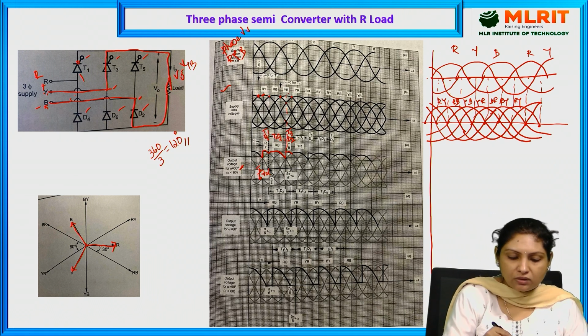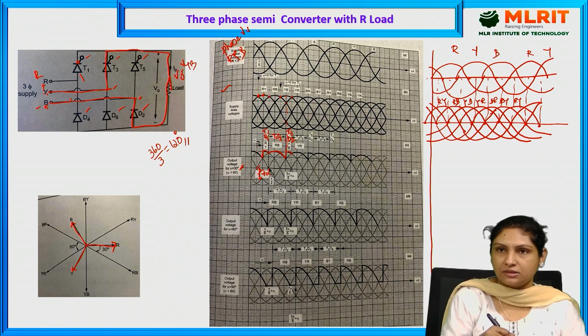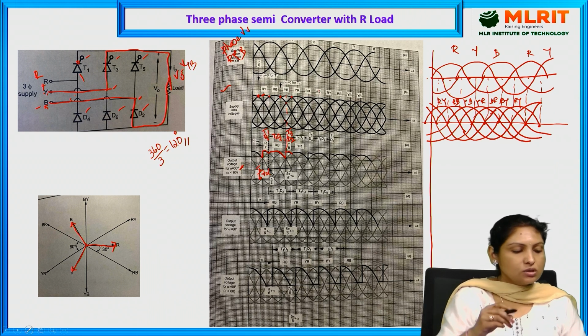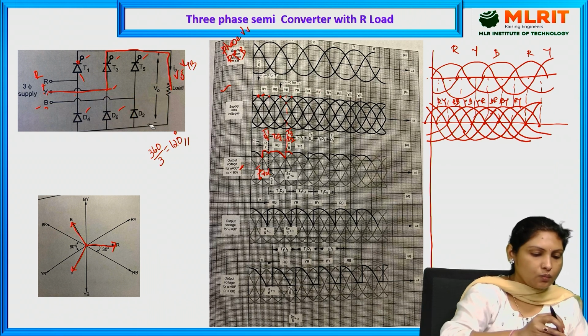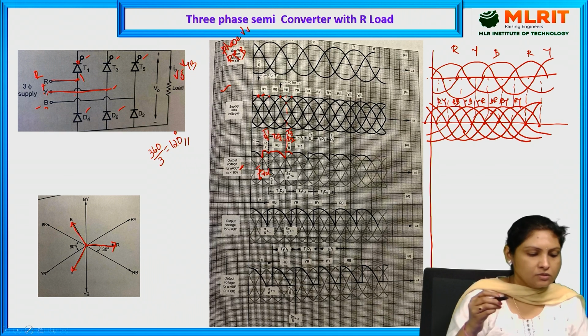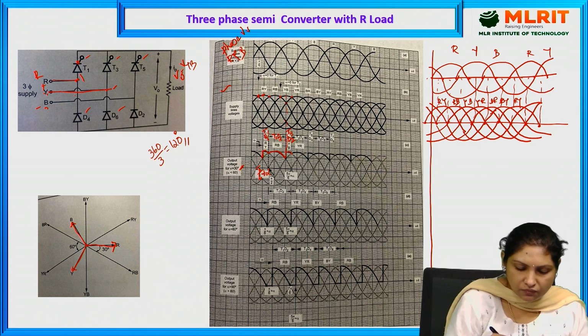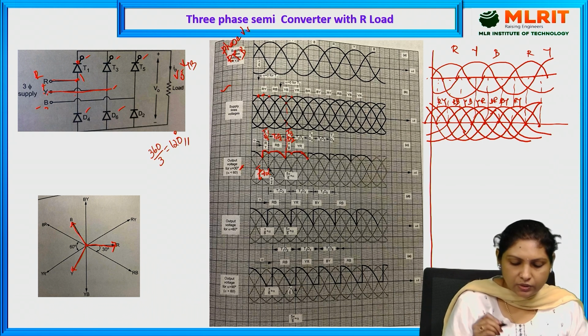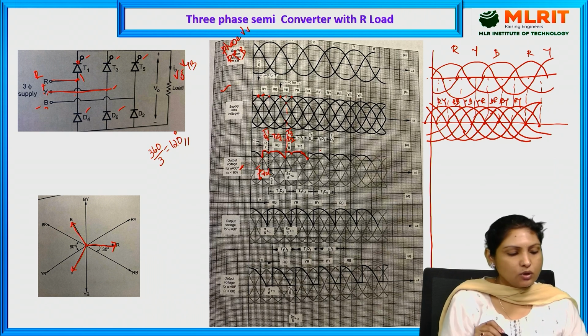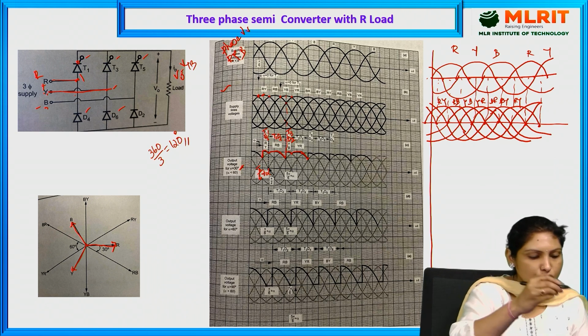And how long does this YB conduct? Until the next zero crossing, and by this time YR has come into the picture. Because of YR, it is conducting till zero crossing, and beyond which YR continues its conduction because the phase change takes place here, and because of which T3 and D4 are conducting.